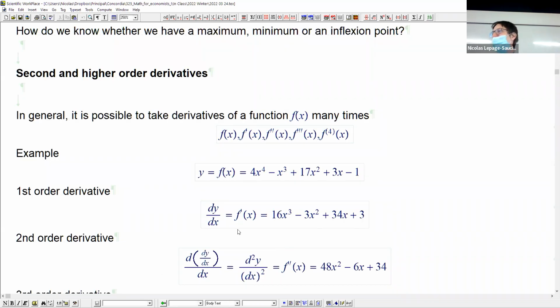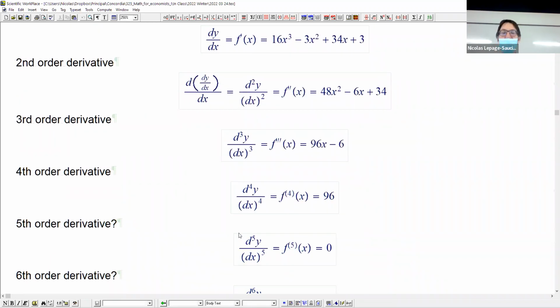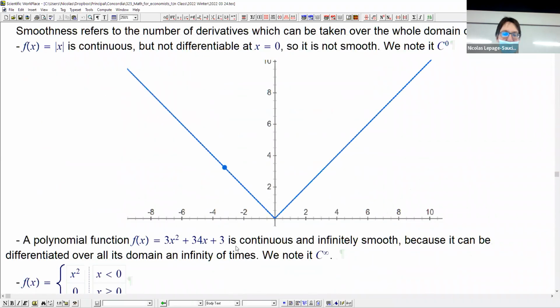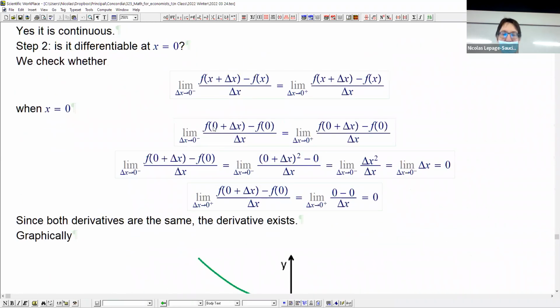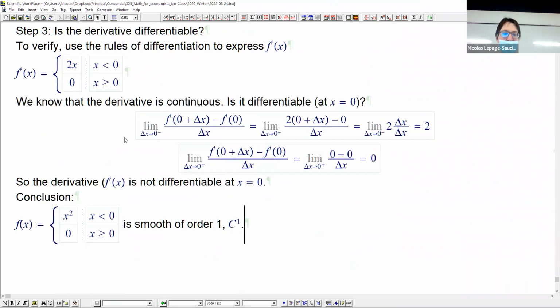But in principle, if you know what you're doing, if you know that this point I cannot evaluate, then you could do it. Let me rephrase what he's saying: rather than taking limits there, could I just use the derivative rules and check the limit of 2x when x goes to 0 from the left and the limit of 0 when x goes to 0 from the right?